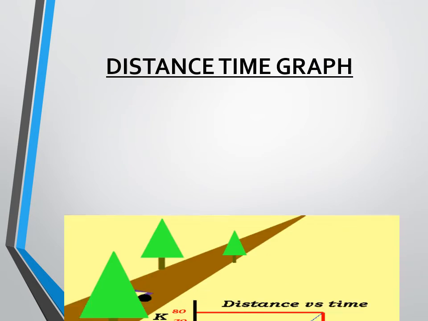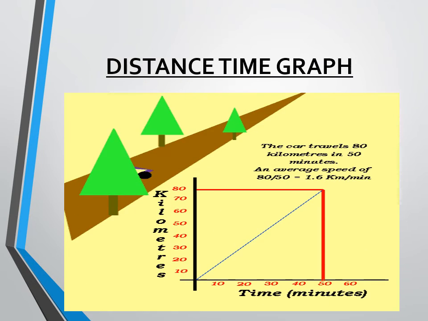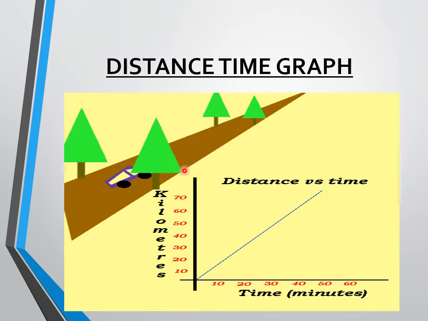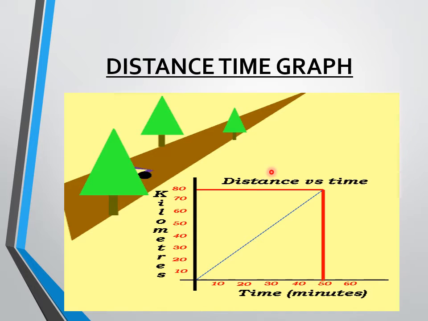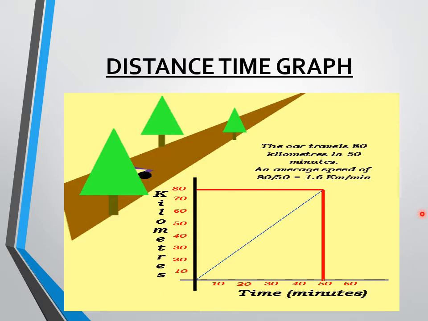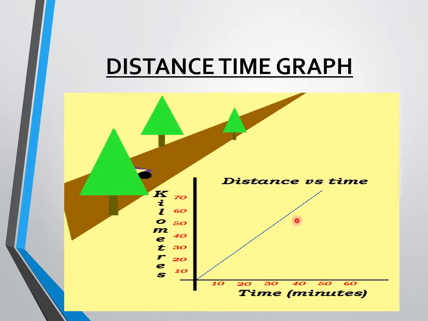Now we have studied the measurement of distance, time and speed. How can we correlate them by using the distance time graph? We can also express the motion of an object in a diagrammatic form, showing how the distance traveled by a moving object changes with time.